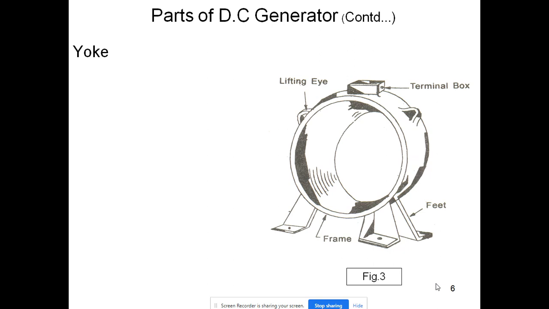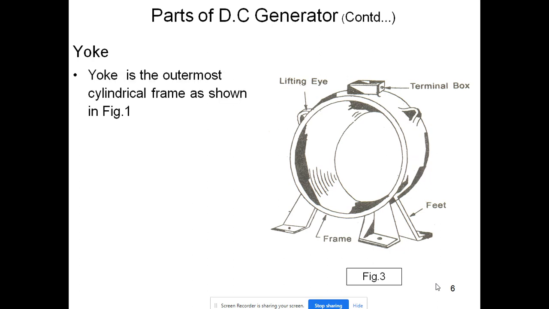The first part is yoke. We can see the yoke in this PPT. I have already explained this yoke in the previous PPTs, but once again I want to speak about this yoke. Yoke is the outermost cylindrical frame. This yoke is made of cast iron and cast steel.